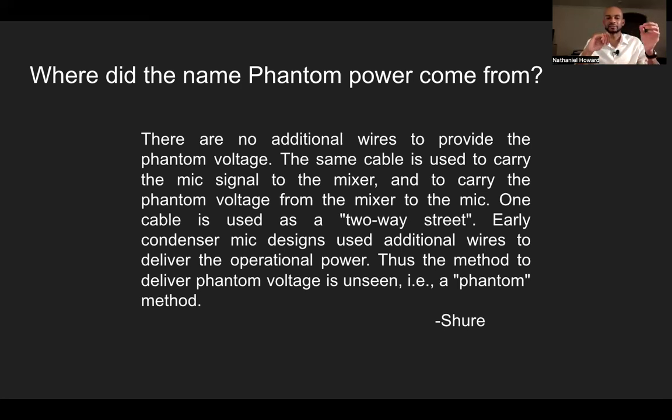Early condenser microphones, remember the big mic and then the small mic at the podium, condenser microphones, used additional wires to deliver the operational power. Thus, the method to deliver phantom voltage is unseen, i.e., a phantom method.